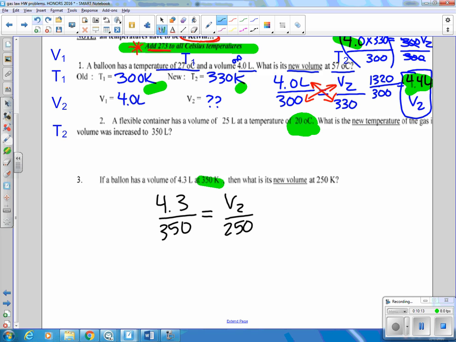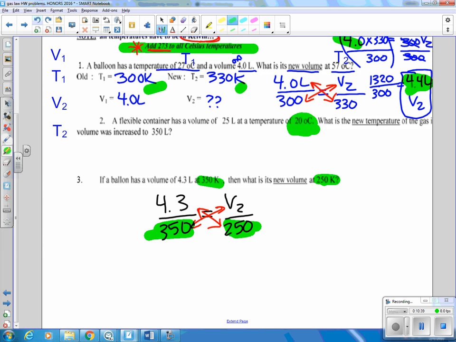Once you've done these problems many times, you'll begin to just set it up and then go ahead and solve. You guys can do the solving, but you're going to cross multiply and solve for V2. Since these are already in Kelvin, you don't have to do any addition. They're already set to go.